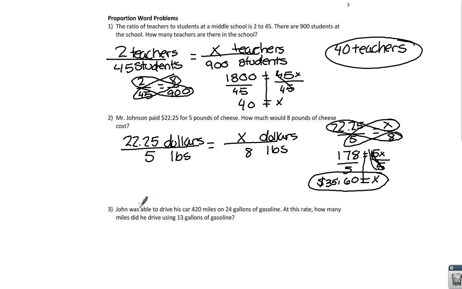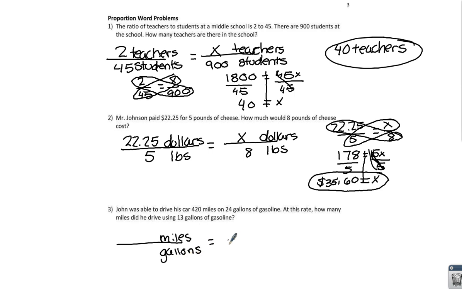Okay, last one. John was able to drive his car 420 miles on 24 gallons of gasoline. At this rate, how many miles did he drive using 13 gallons of gasoline? Well, let's think, what are our two units? So we have miles and gallons.